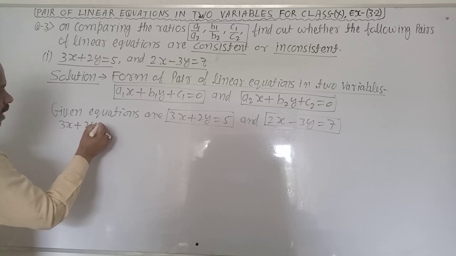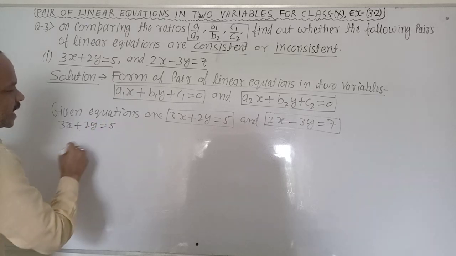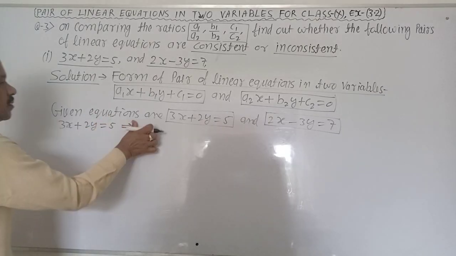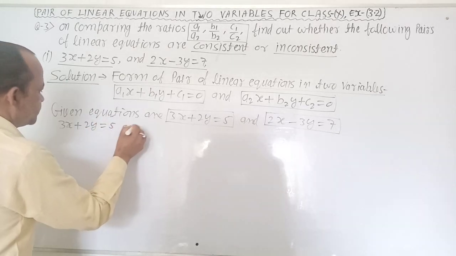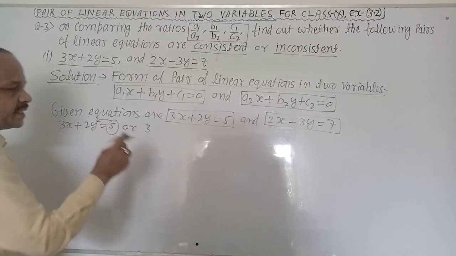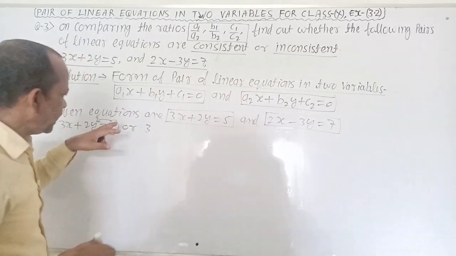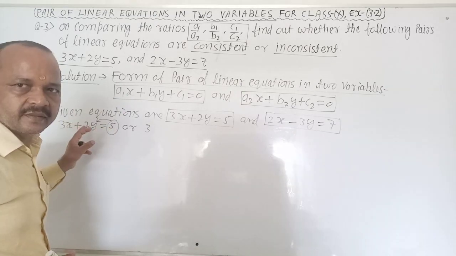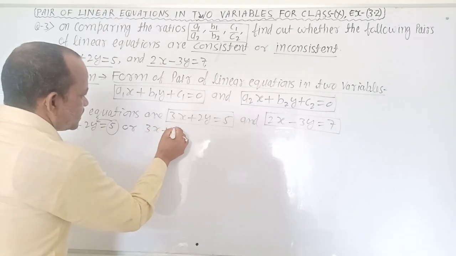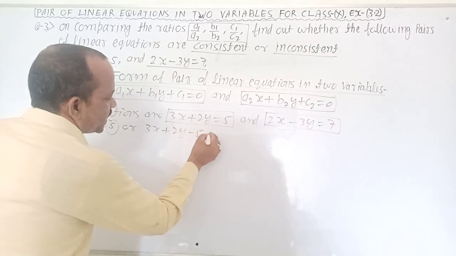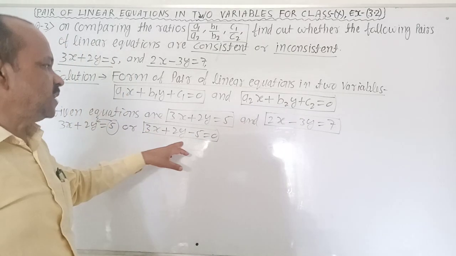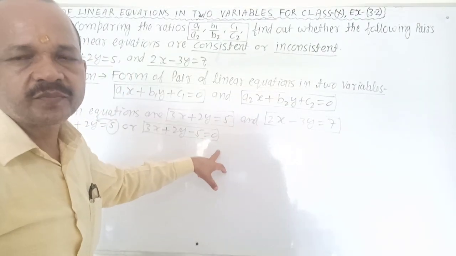3x plus 2y equal to 5. Here you can write 5 on the left side of equal. It becomes 3x plus 2y minus 5 equal to 0.